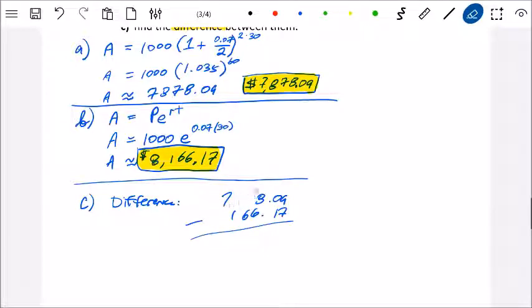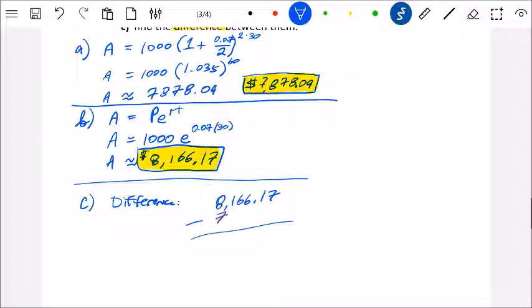I think I will go ahead and just go back and fix this though and put the larger one on top, since the difference between them will be a positive, since it's not saying which one's larger or smaller. It's simply what's the difference between them. And the difference between them is $288.08. And that's approximate because those numbers in the first place were approximate too.